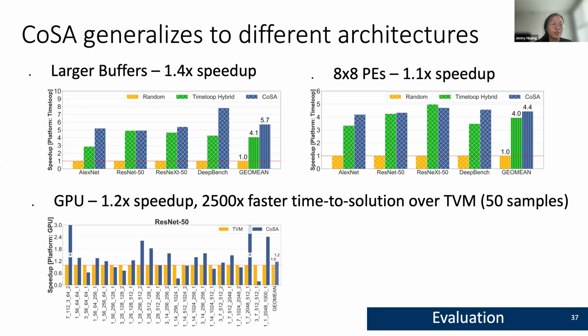Likewise, there are some L2 and latency effects that COSA is not considering in its formulation. In that case, fine tuning can still be a very important technique to get us to the last bit of performance here.